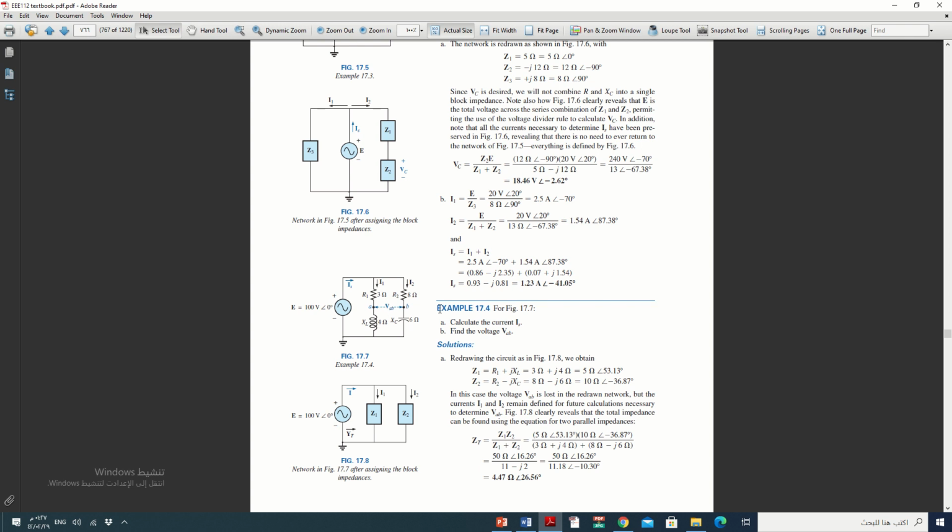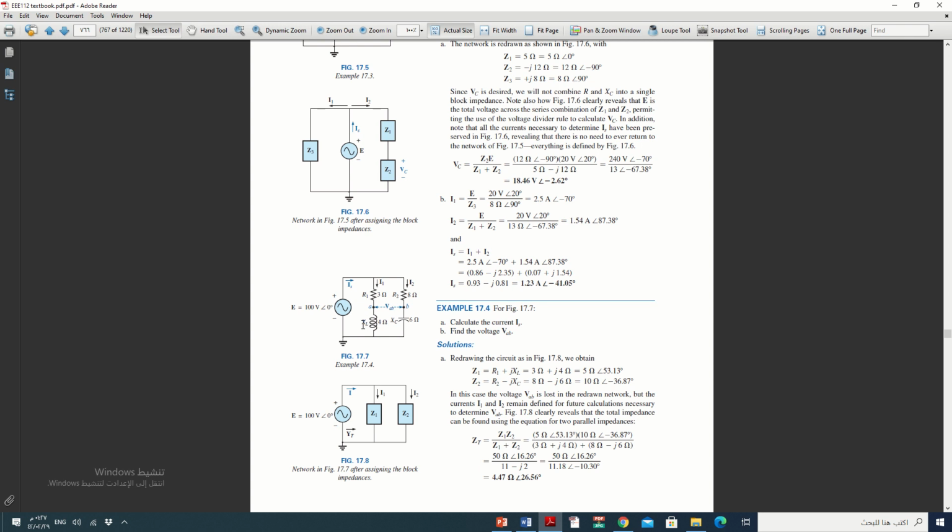It's required to find IS and VAB. VAB is the voltage here. If we put a voltmeter at point A and point B, what will the reading be? Okay, IS is easy to calculate. For IS, we need to calculate the total impedance.